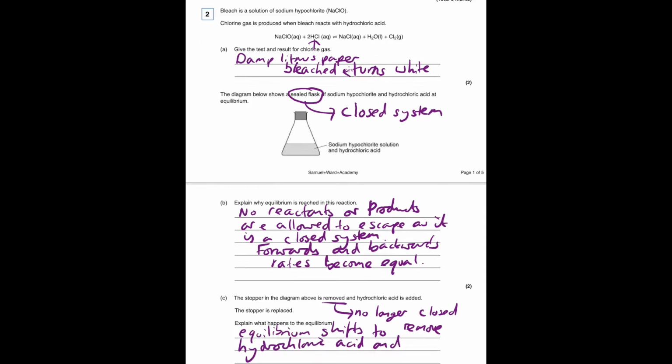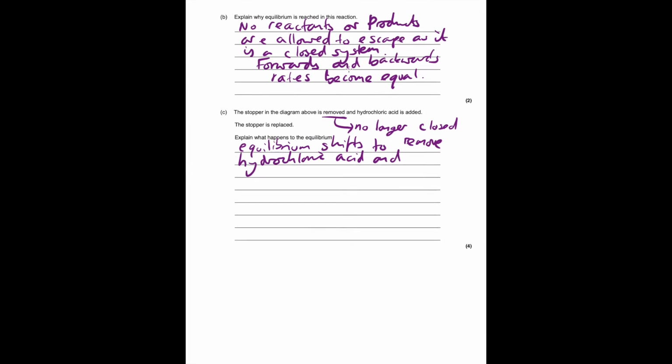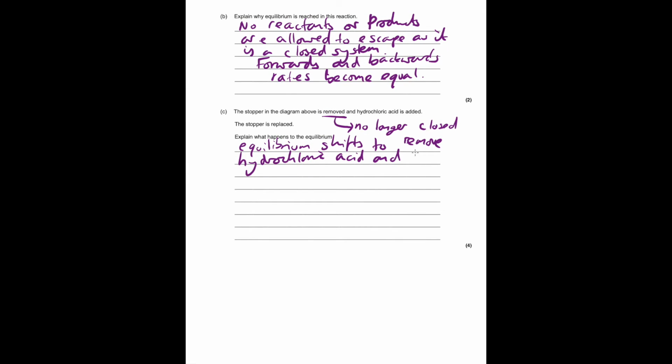So if we are increasing our amount of HCl, our equilibrium shifts to decrease it, and therefore it's going to want to use it up and therefore favour the forwards reaction. So it shifts to remove hydrochloric acid and thus favours the forwards reaction.